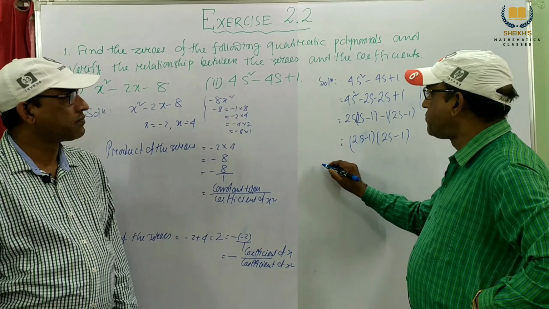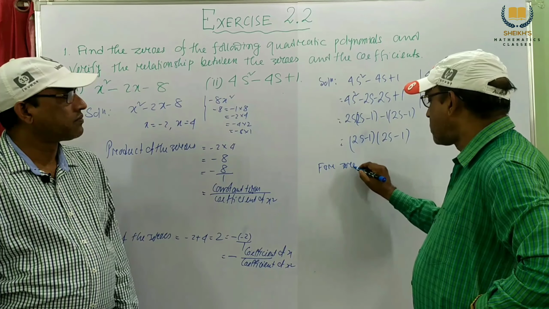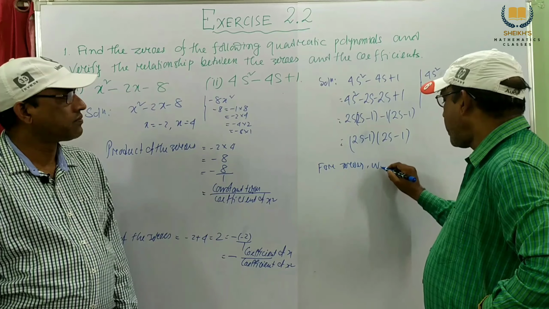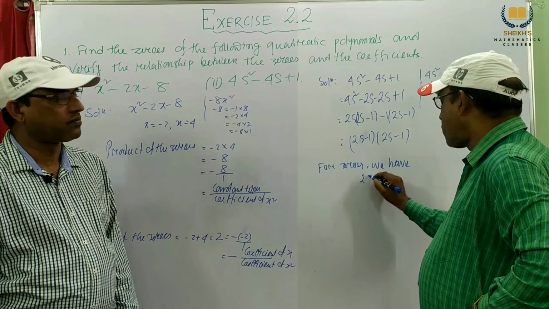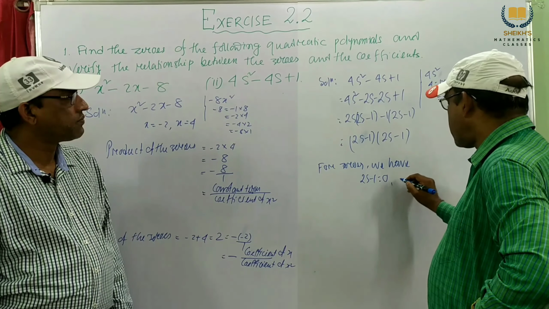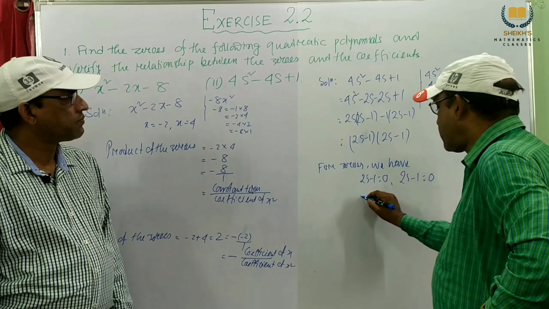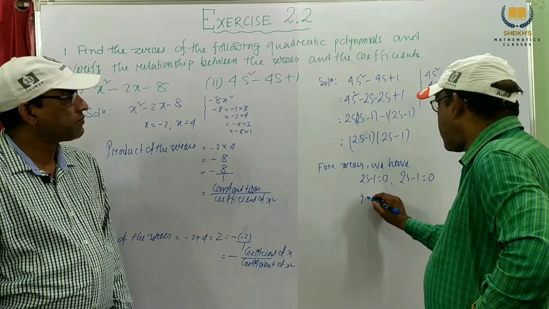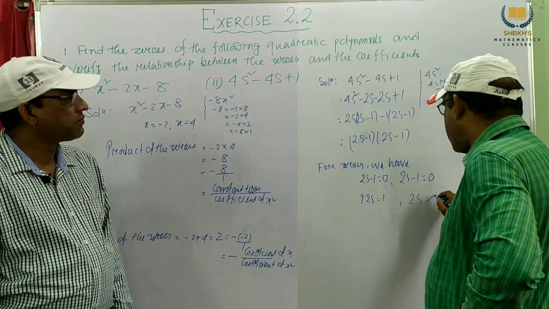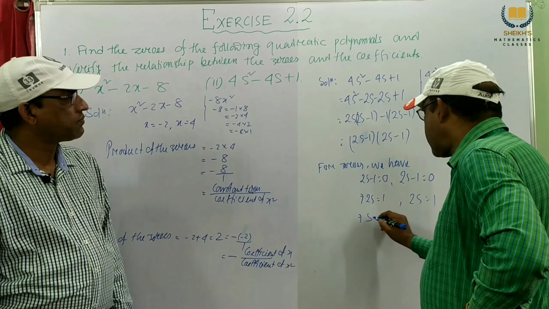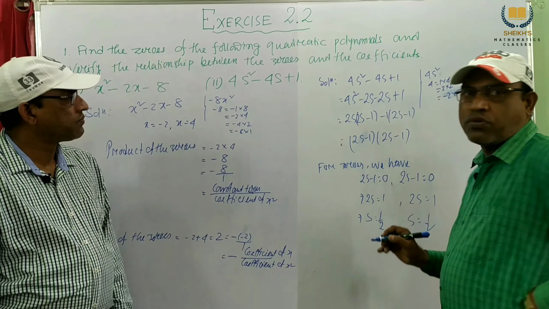For zeros, 2s minus 1 equal to 0. This implies 2s equal to 1, so s equal to 1 by 2.